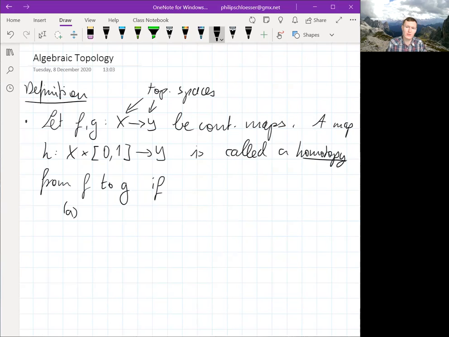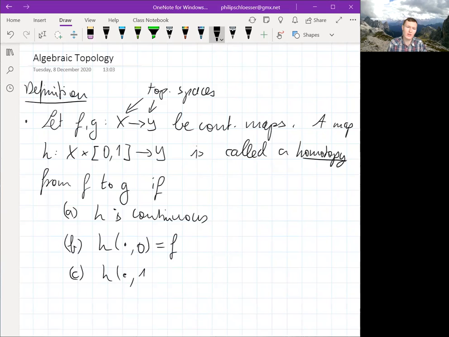if, firstly, it should be continuous. Secondly, we would like the restriction to one endpoint of this interval to be f, and the restriction to the other endpoint to be g.